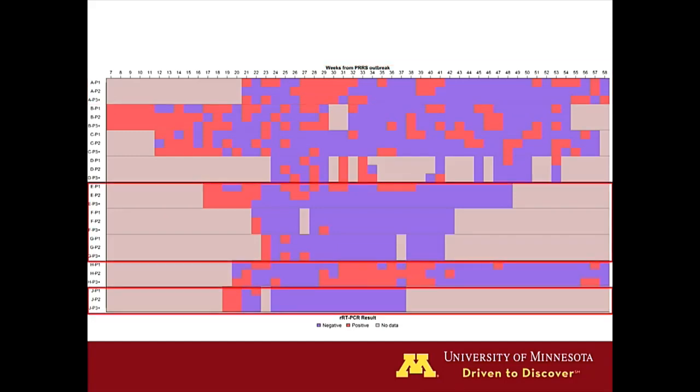The herds that I want to highlight here are herds E, F, G, and J. Those are the ones that achieved stability during the follow-up period, and were the only ones. All the rest were still working towards stability when we stopped following them.